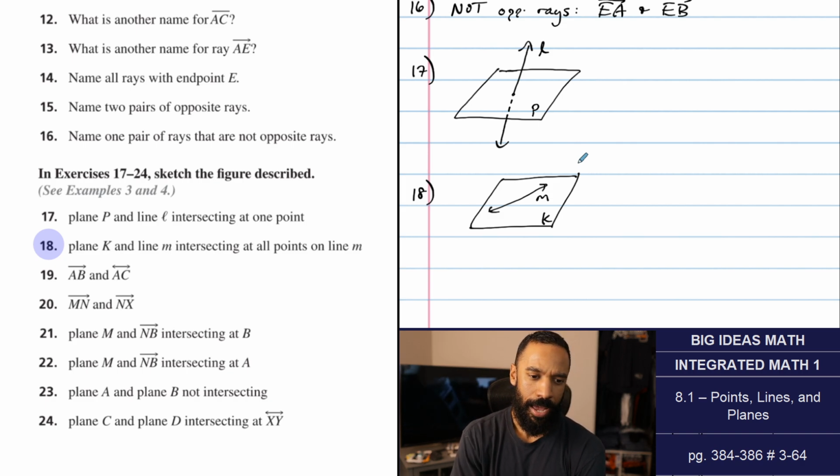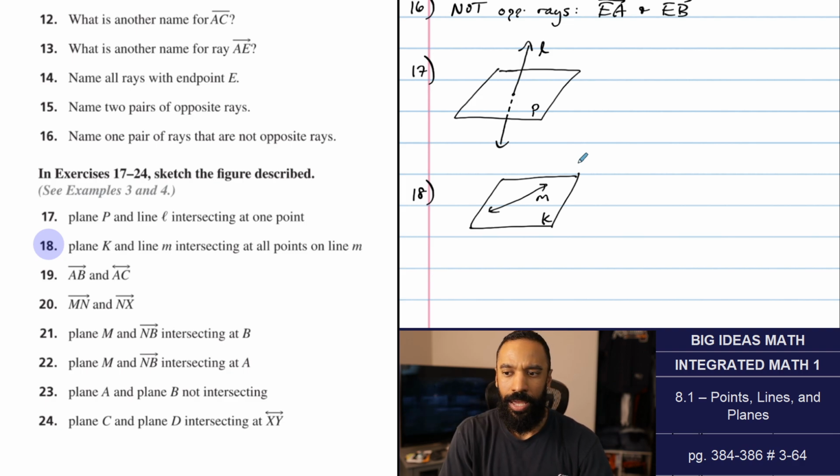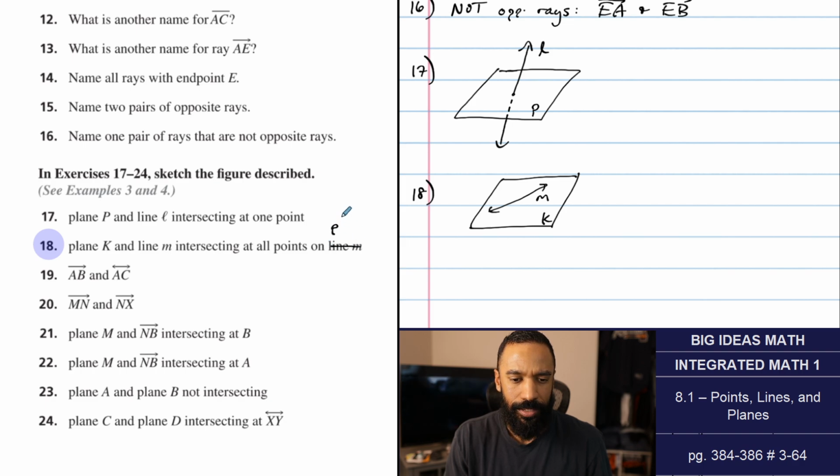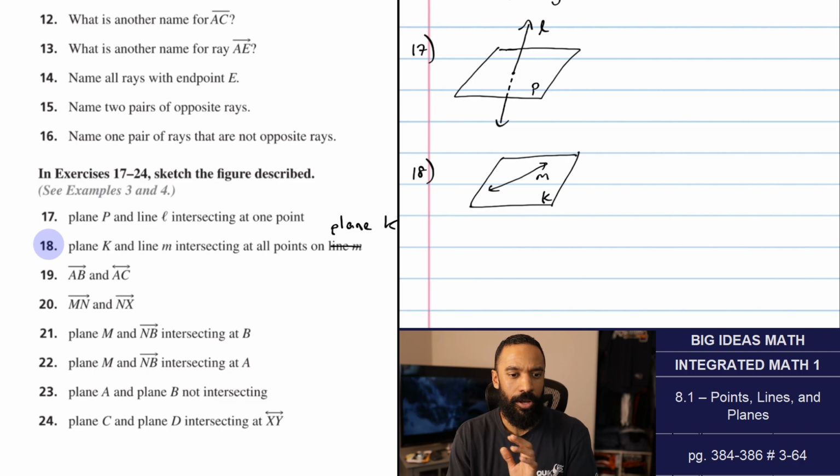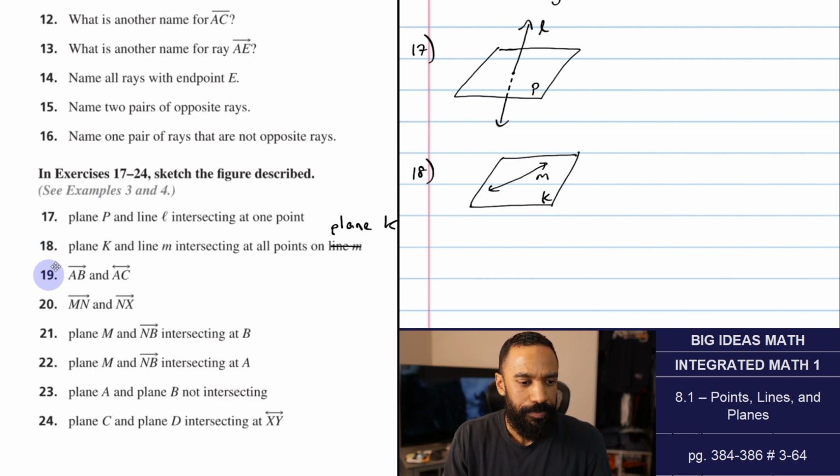That's what I'm going to draw. I think this should be saying line M intersecting at all points on plane K. That way, we're basically saying that the line is on the plane. And that's what I'm going with there. I'm sorry if that's wrong, if I'm misreading it. I really do apologize.